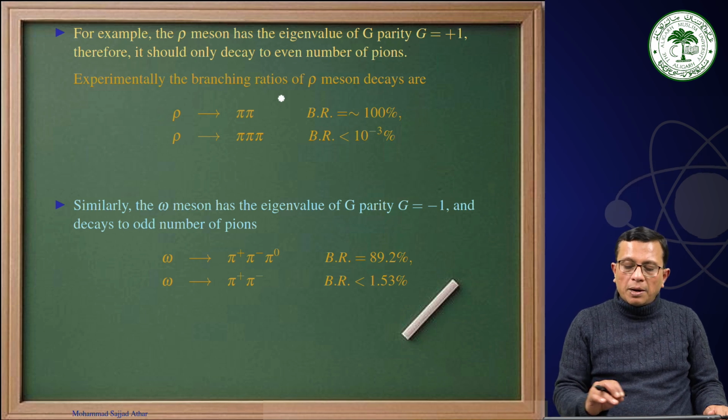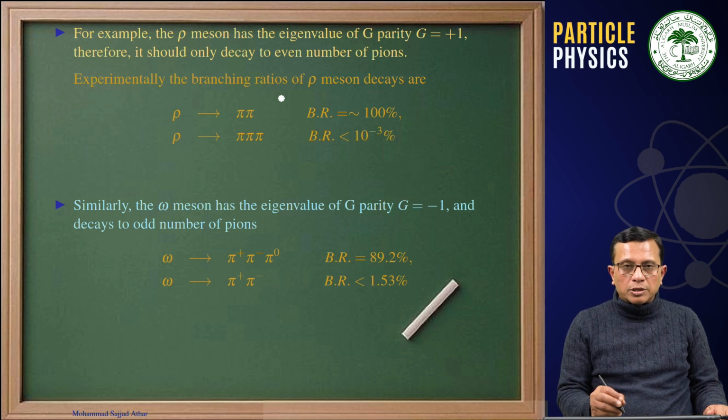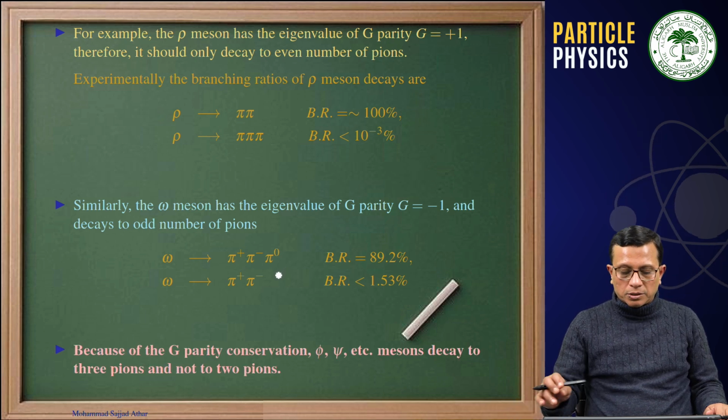Similarly, omega meson has G parity minus 1, and it has been found that omega meson decays to 3 pions while it does not decay to 2 pions, because 3 pions will give us eigenvalue minus 1, while 2 pions will give me plus 1.